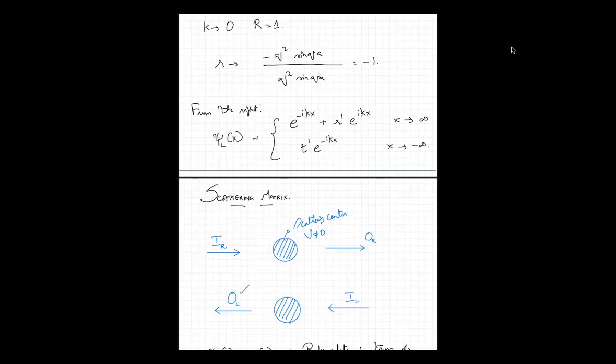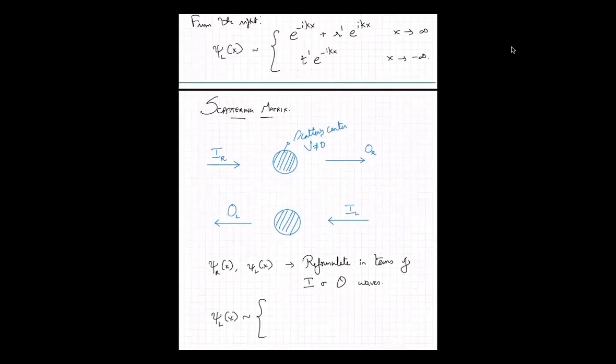So it is this guy. So I may well reformulate this psi l of x as an incoming wave, but this incoming wave is traveling to the left, plus a small coefficient r prime times an outgoing wave to the right.